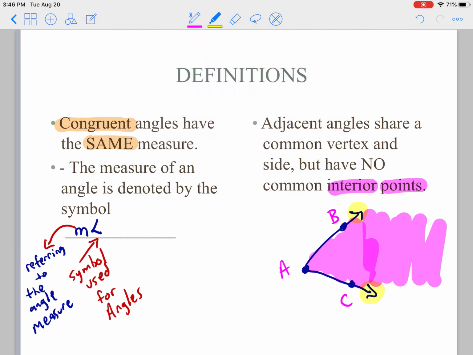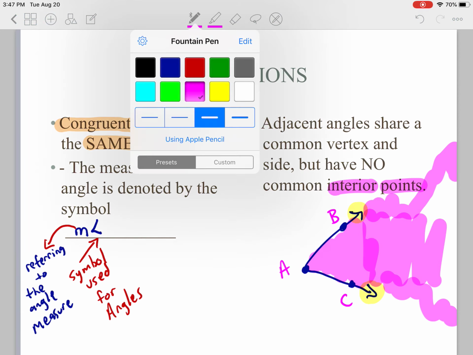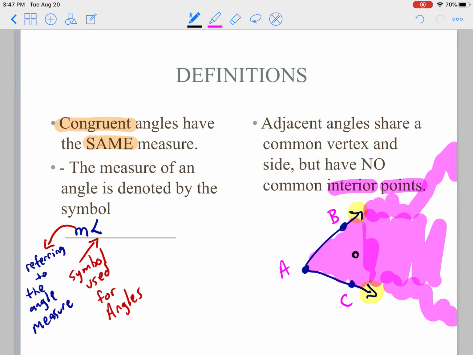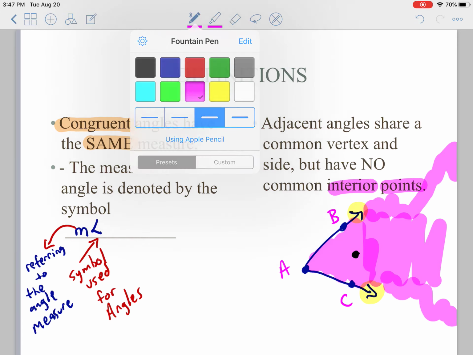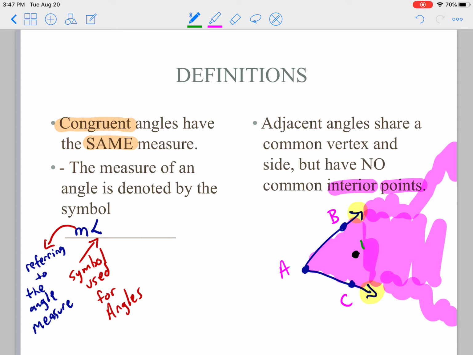So technically, I would have shading all the way out here forever as far as those rays extend. Those are my interior points. So if I were to place a point inside, we've already got a point B. Let's say point P. Point P is in the interior of angle A in this case.